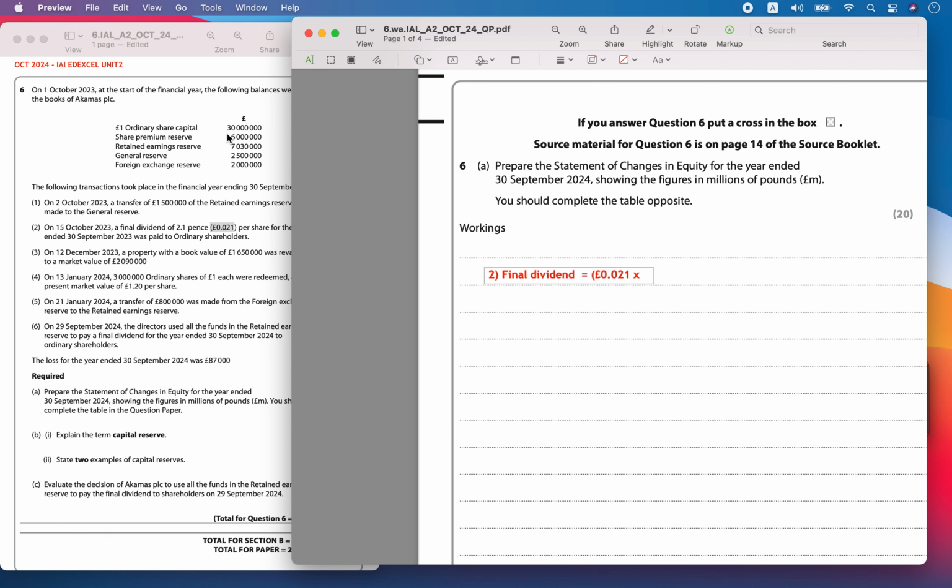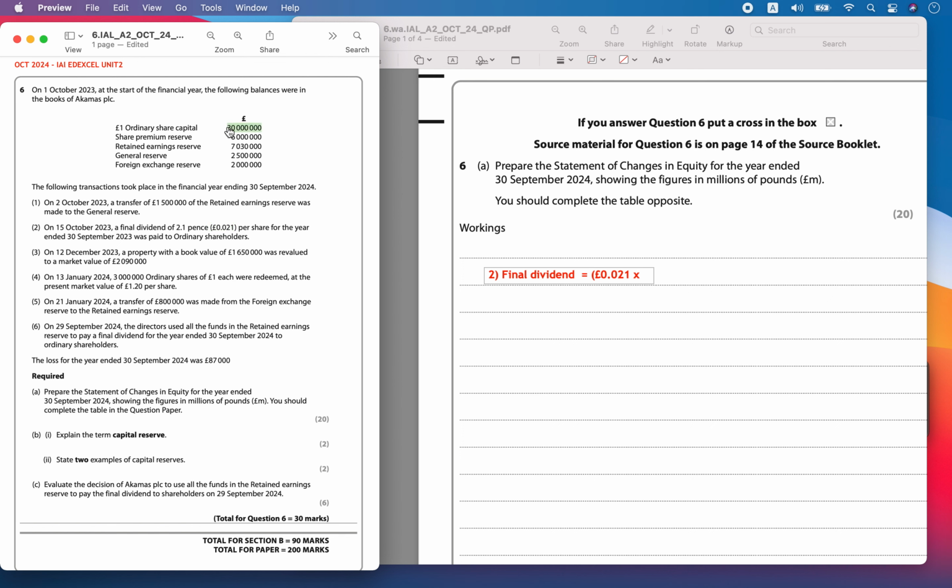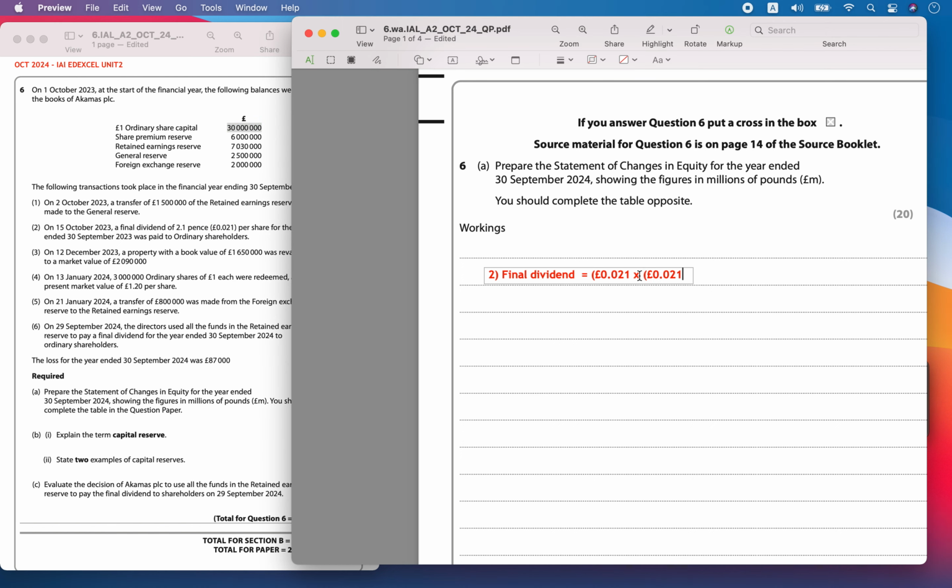The shares are £1 each, so the number of shares is 30 million divided by 1. If it was 0.5, you would divide by 0.5 to find the number of shares.